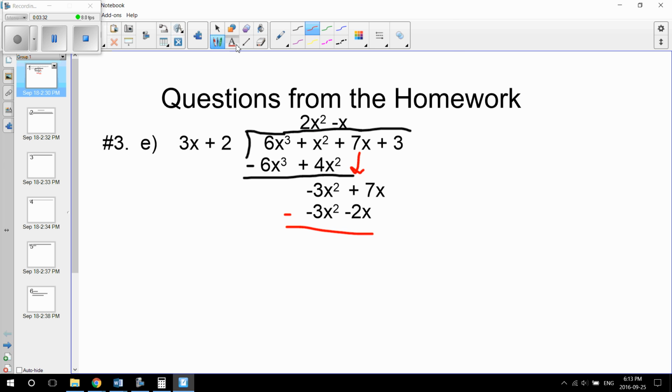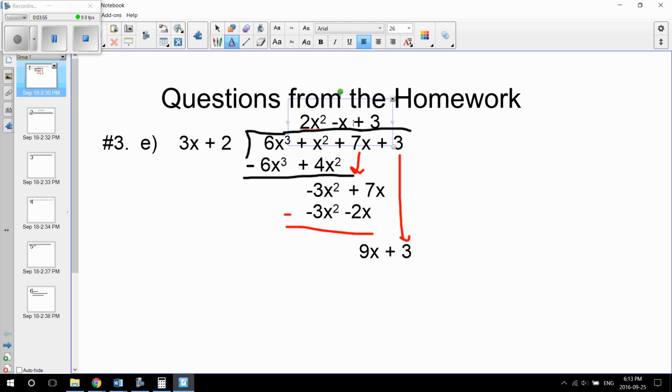Subtract them out, so that we're left with a 9x. And then carry down our number here, so we have a plus 3. And then again, what do we need to multiply by 3x to get a 9x?